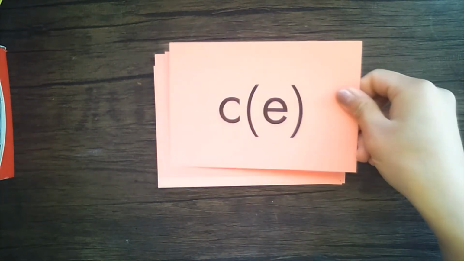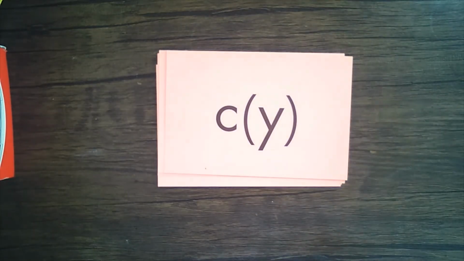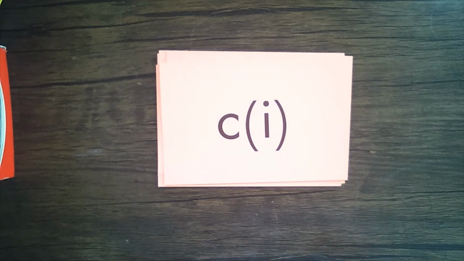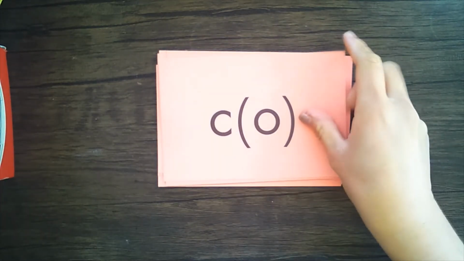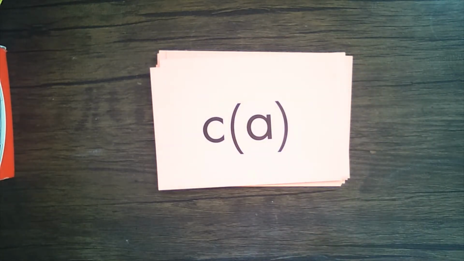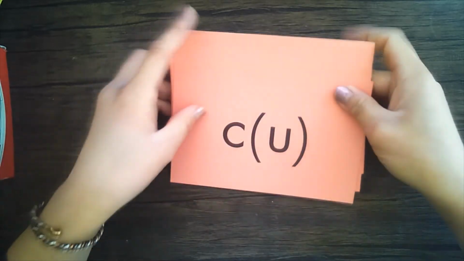Sound, s. Sound, s. Sound, k, sound, k, sound, k. So these are some of our older spelling sounds that are a little bit tricky, so great job.